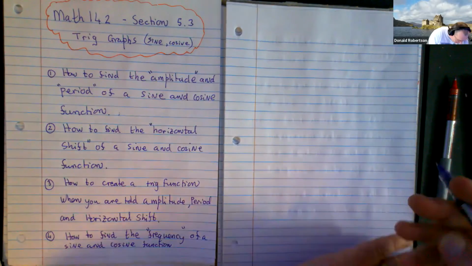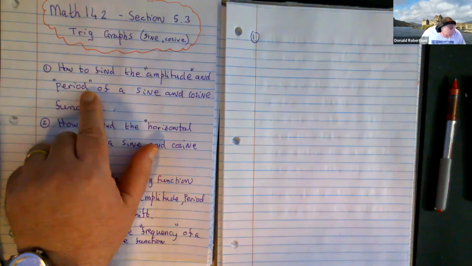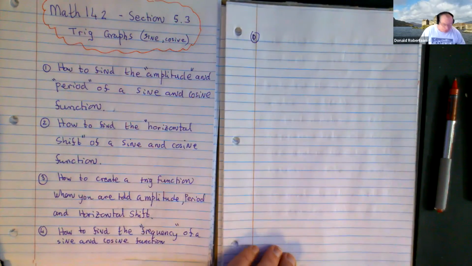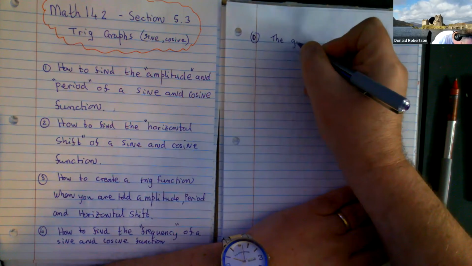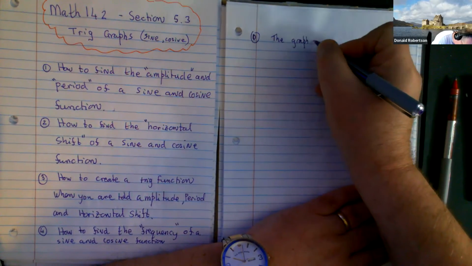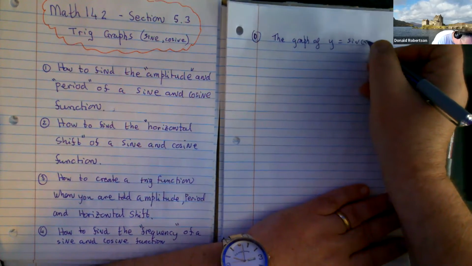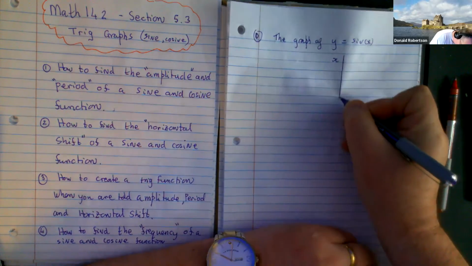So let me start with the first one, which is, how do you find, well, actually, let's not start with that first one. Let's start with a guy called 0. And let's look at the graph of the sine function. Well, can you imagine that this is how you would graph anything?